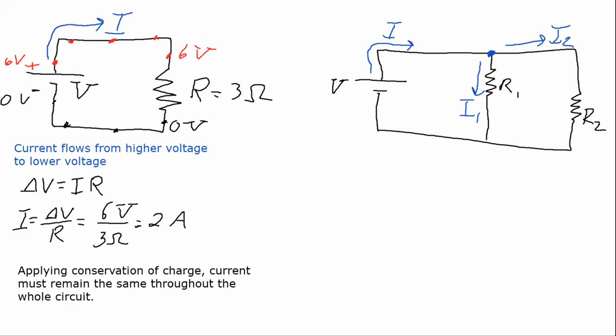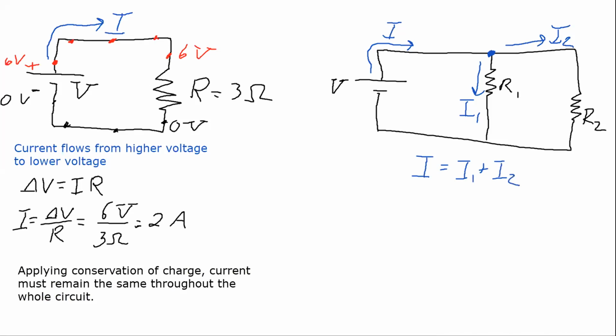So it's going to split, and this is going to be true any time you have a junction: the current splits up. If I apply the same principle, that because of conservation of charge current is going to remain the same throughout the whole circuit, then at that junction, whatever current is going into the junction is going to equal the current coming out of it.